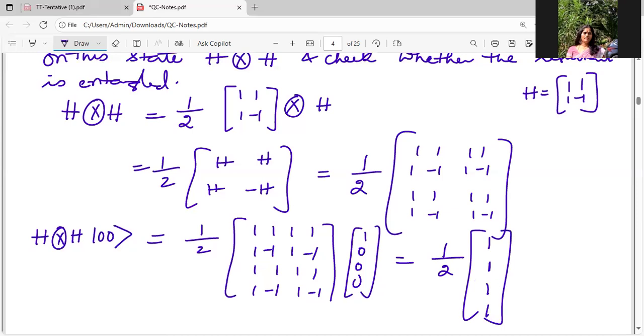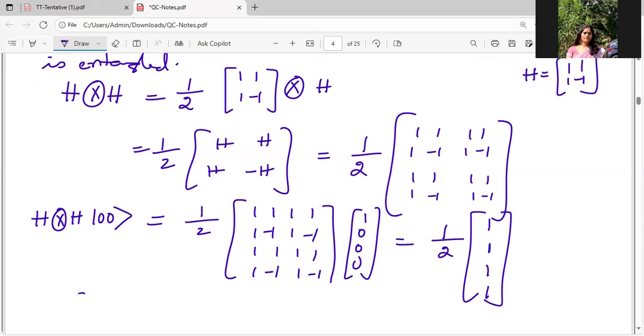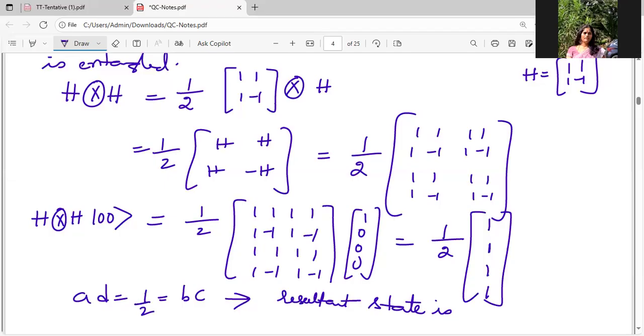Now see here what happens. What is AD? AD is 1. What is BC? It is also 1. Hence, what can I say about it? The resultant state, of course, 1 by 2 is also multiplied, right?